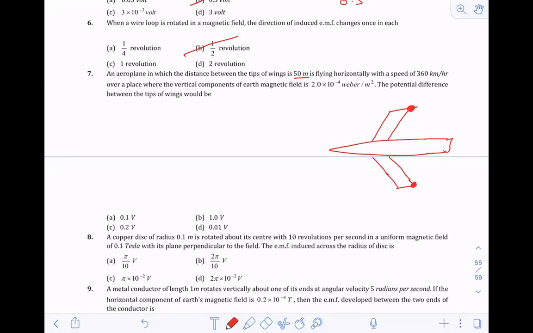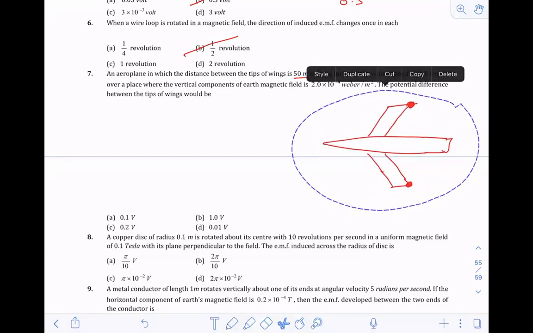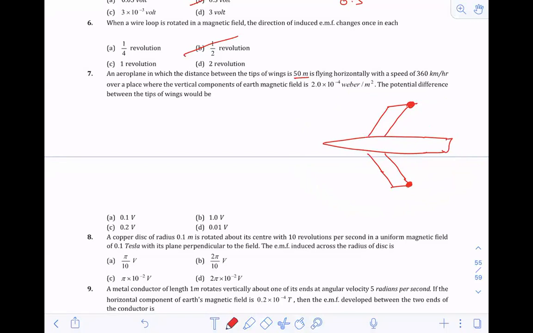And the plane is flying horizontally with the speed of 360 kilometers per hour. So the speed is in this direction, 360 kilometers per hour.